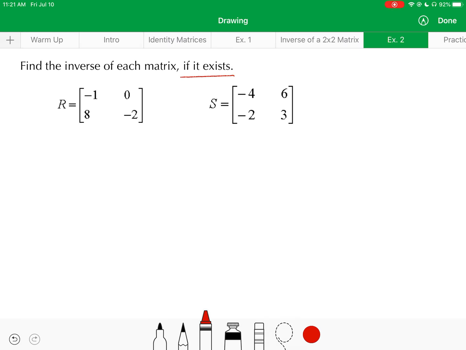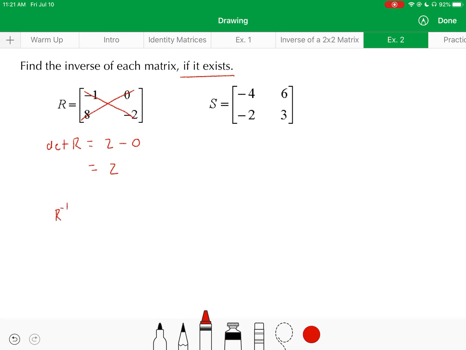So let's start with matrix R here. The determinant for matrix R would be the product of -1 and -2, which is 2, subtracted by the product of 0 and 8, which is 0. That's going to result in 2. So I know for a fact that R should have its inverse.